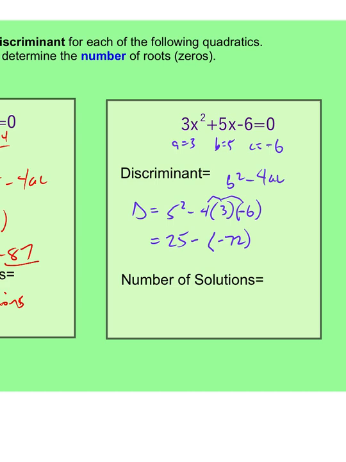So if you have a single negative term here, keep in mind we are subtracting this whole piece here, and I'll actually put that in a different color. We're subtracting the entire 4AC. So we're still subtracting a -72, which means it's actually 25 plus 72. Well, that's 97, so we have two real solutions. So you have to be careful here.